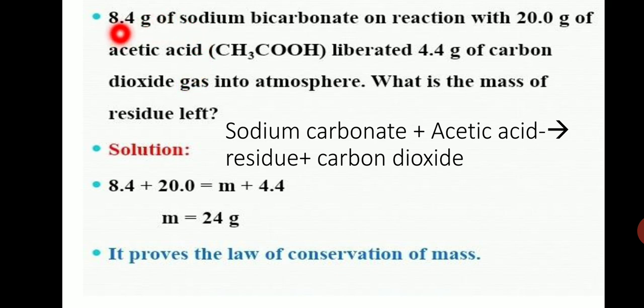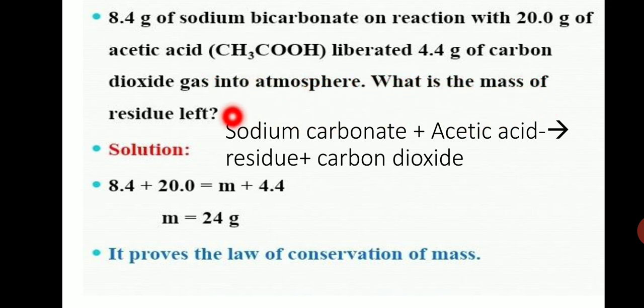Reactions are 8.4 gram of sodium carbonate on reaction with 20 gram of acetic acid. So we got the idea that these two are reacting together: sodium carbonate and acetic acid. Then continue the question: liberated 4.4 gram of carbon dioxide. So that is a product.